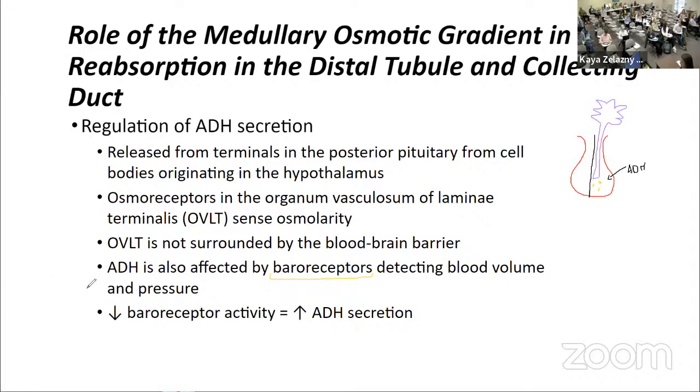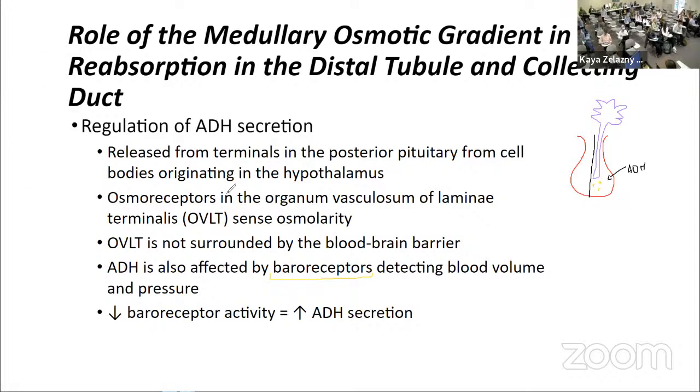So when we sense changes in blood pressure, specifically if that baroreceptor activity is going down, or sensing a fall in blood pressure, then we're going to want to reabsorb more water to get that blood pressure back up. Because if we have more volume in our cardiovascular system, that's a higher pressure, right? Just like if you have a water balloon, more water in it, higher pressure, or like a hose, more volume going through, higher pressure.